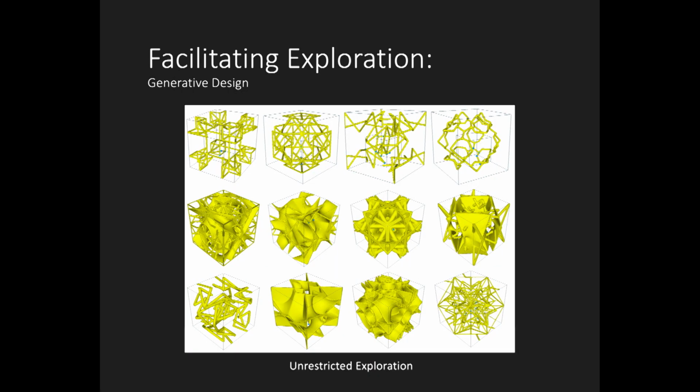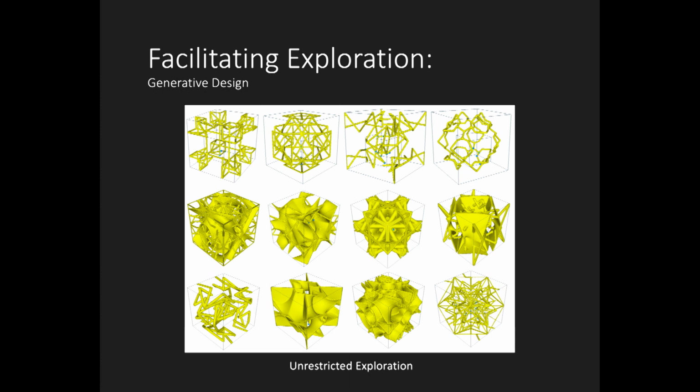We can also imagine doing something more akin to what Lyle was showing with generative design tools, where you train on this representation and then allow a model to give you suggestions that span the gamut of spaces. So here we didn't really impose a lot of constraints and we let it run wild. And as you can see, it came up with some pretty wonky structures that people might not have thought of.